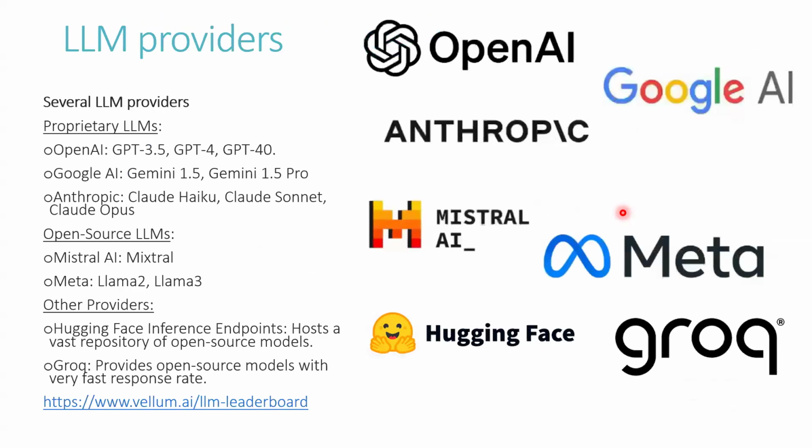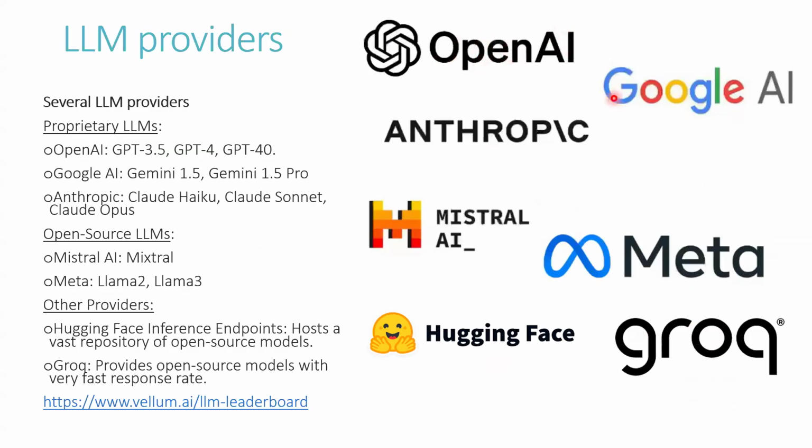Okay, let's proceed. So these are different LLM providers. This slide may be a bit older, but I think these are still the leaders: OpenAI, Google, Anthropic, Mistral, Meta, Grok, and Hugging Face. Out of these, some are basically model creators.